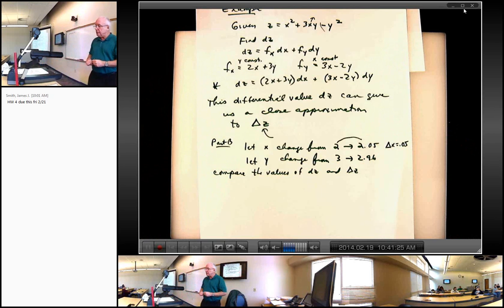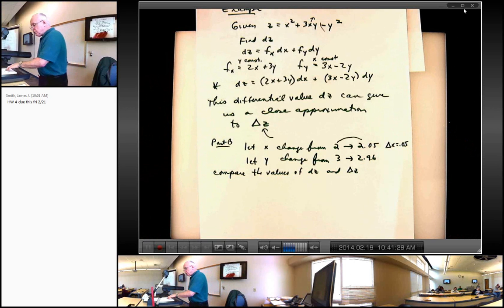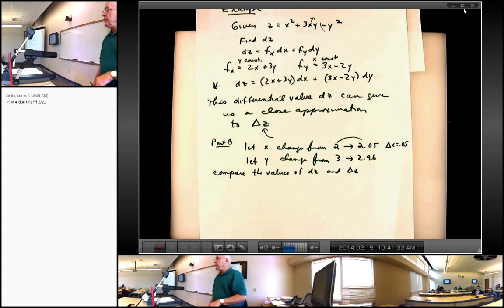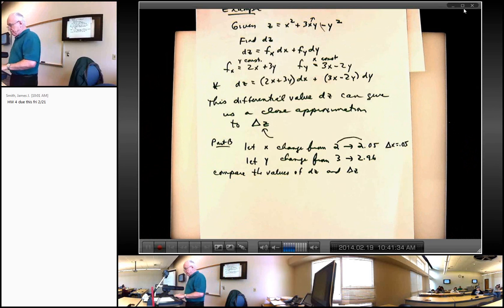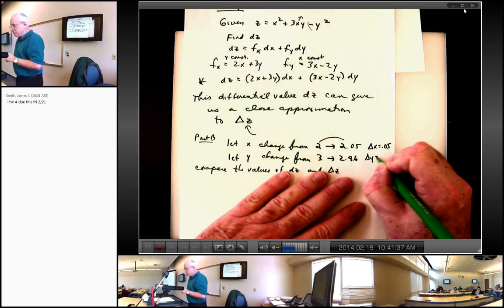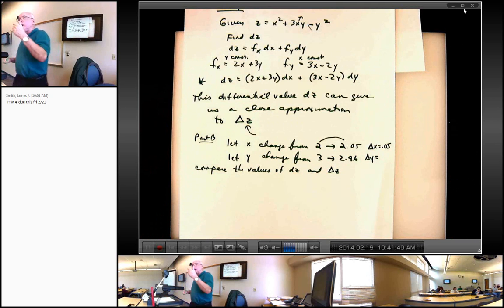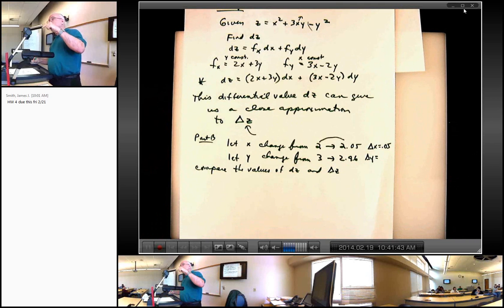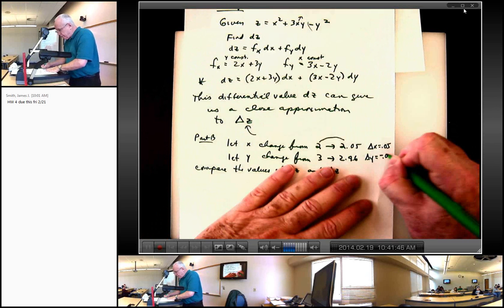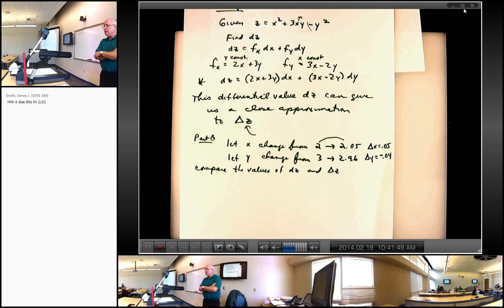That's our delta x. y is changing from 3 to 2.96. So what's our delta y? Negative 0.04. Okay, so that's our delta x and delta y.